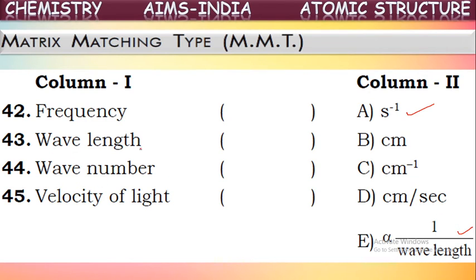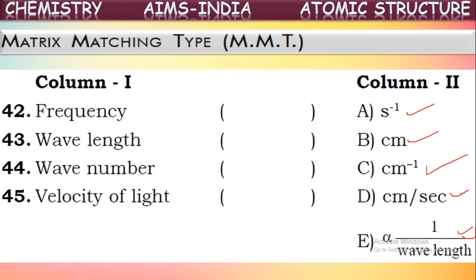Next one, wavelength. Wavelength units are centimeters. Next one, wave number. Wave number is reciprocal of wavelength. That means it is inversely proportional to wavelength, and its units are centimeter inverse. These two will come for that. Next one, velocity of light. Velocity of light units are centimeters per second.